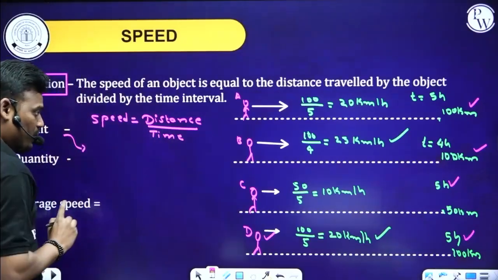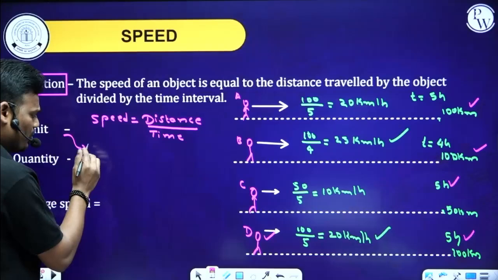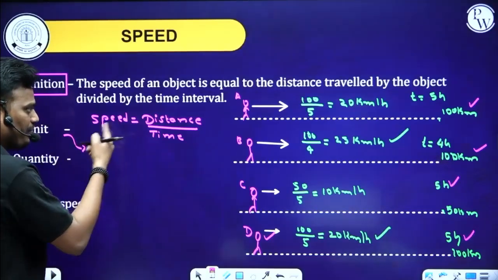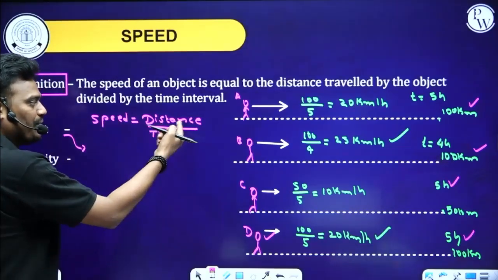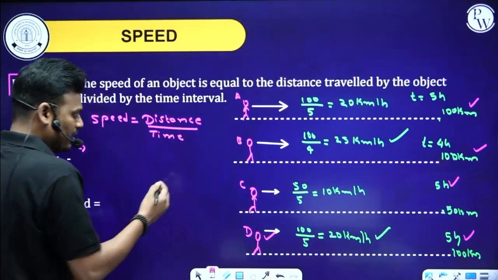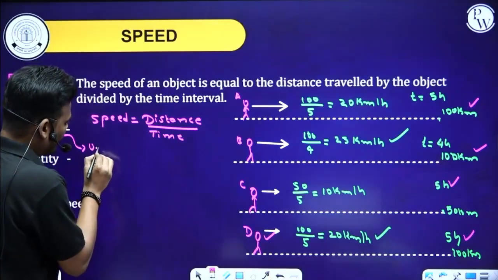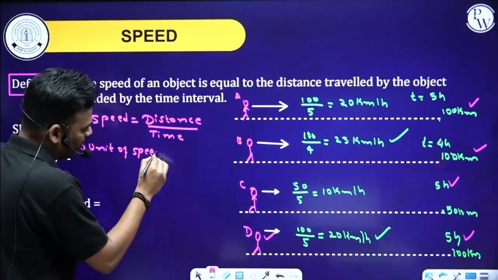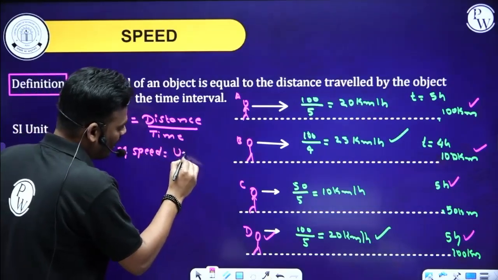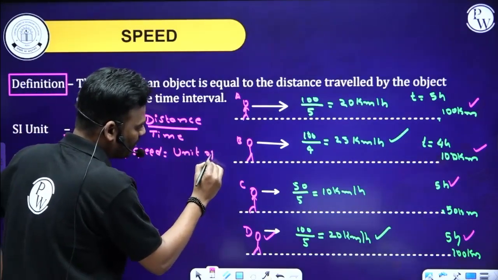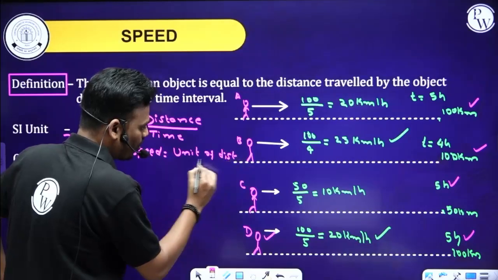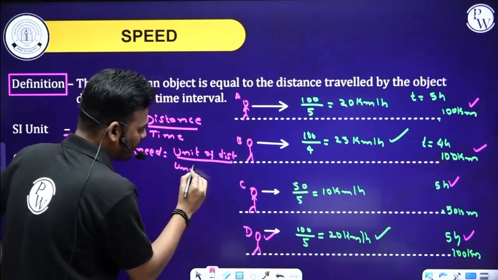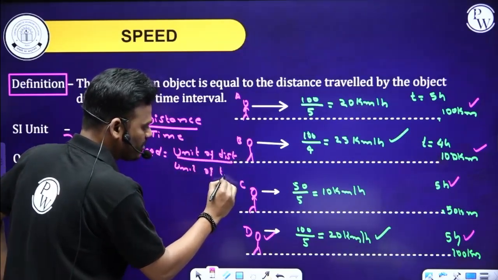And the unit, if you want to know: unit of speed equals unit of distance divided by unit of time. So in this particular situation, unit of speed, according to the formula, equals unit of distance, I'll write it short, and unit of time.